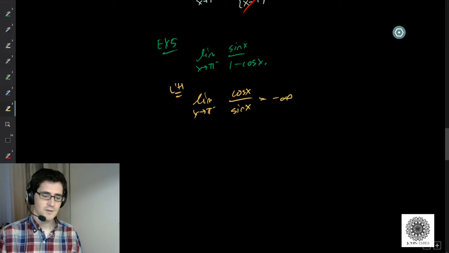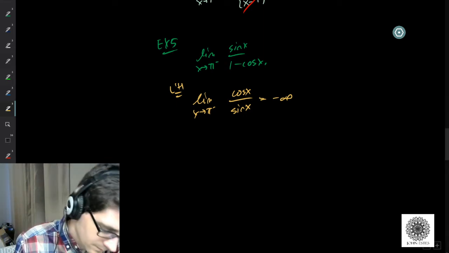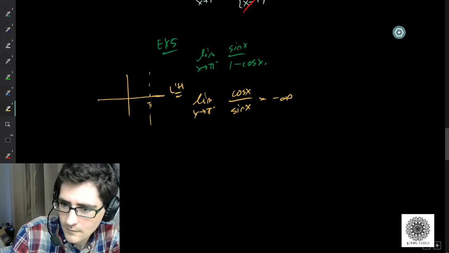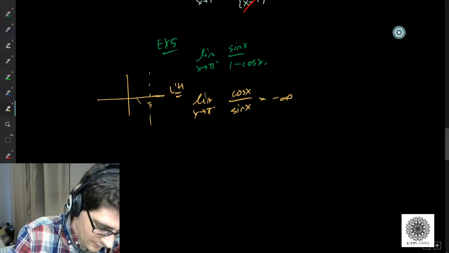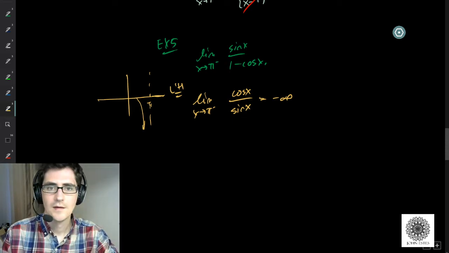Tangent's got an asymptote there at pi, and from the left side, it's tanking down to negative infinity, like this. So here's pi, and approaching from the left, it's going to do something like this.